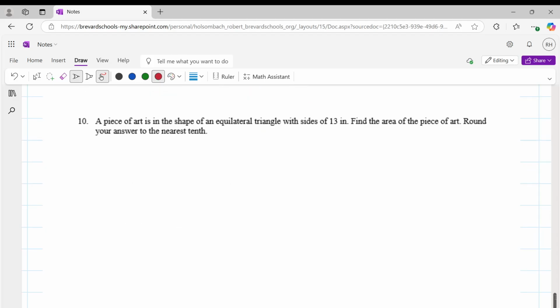All right, and problem number 10. A piece of art is in the shape of an equilateral triangle. So equilateral triangle means all the sides are the same.